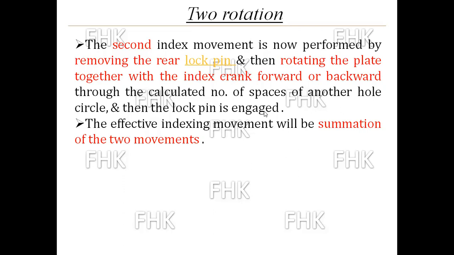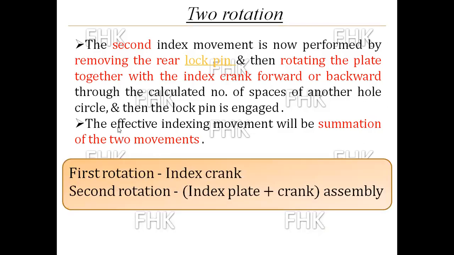So there is a combination of two movements: of the crank, and of the index plate with the crank. The effective indexing movement will be the summation of two movements. Remember this point clearly.